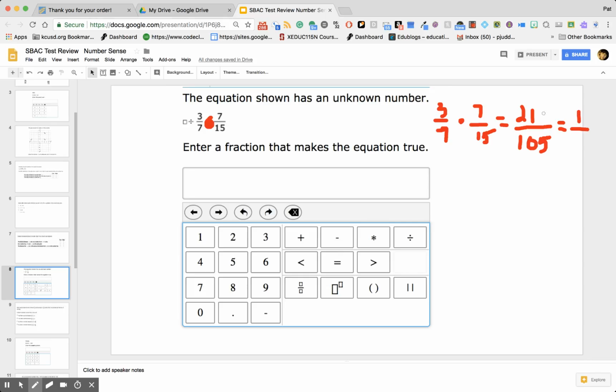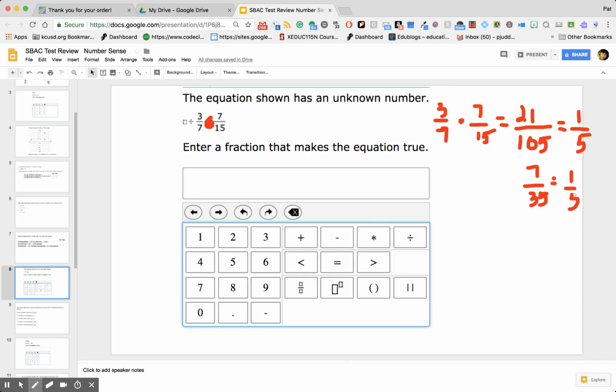And it would. 21 goes into 21 one time. 21 goes into 105 5 times. If I had reduced using 7, I would have 7/35ths. 7/35ths can be reduced again to 1/5.